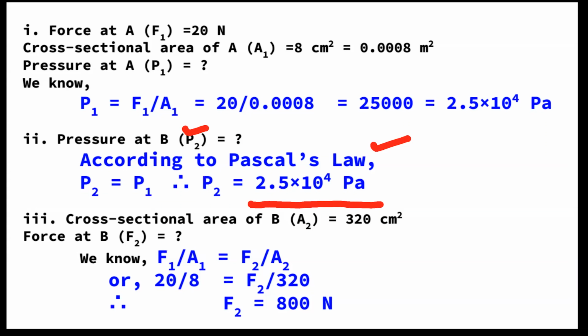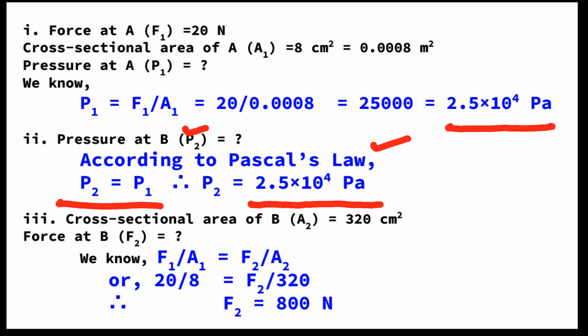P2 is always equal to P1, because the pressure is transmitted by the liquid enclosed inside the vessel. The diagram shows a hydraulic machine, which is constructed on the basis of Pascal's law. In a hydraulic machine, liquid is enclosed in the vessel, where equal pressure is transmitted.